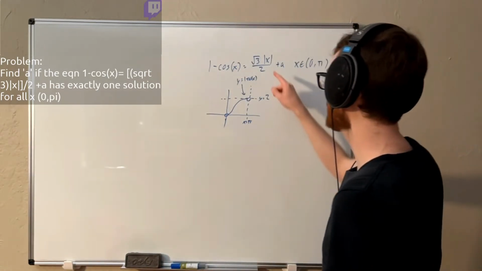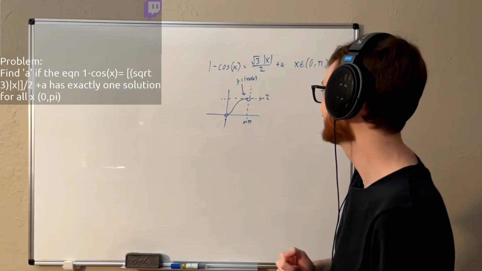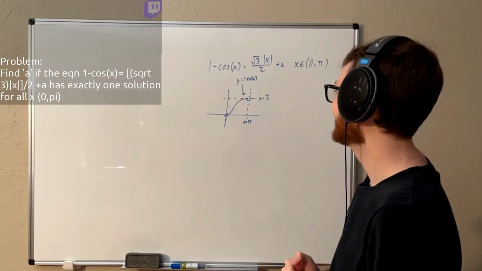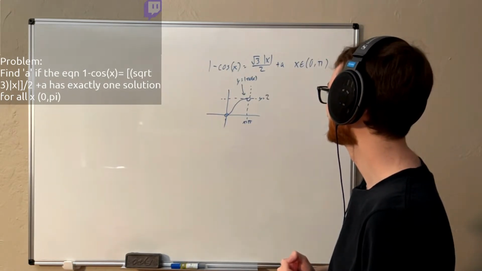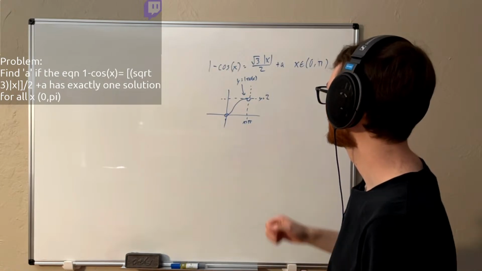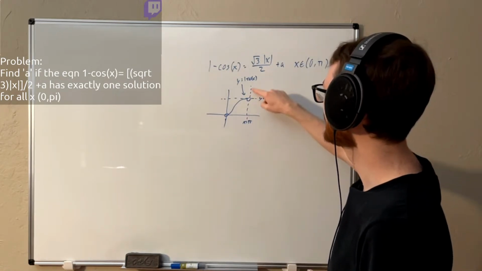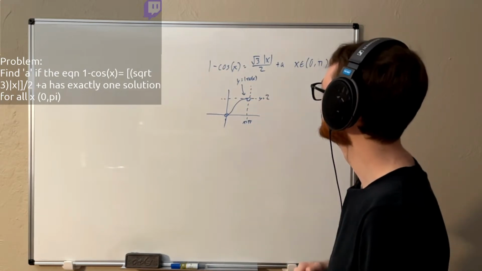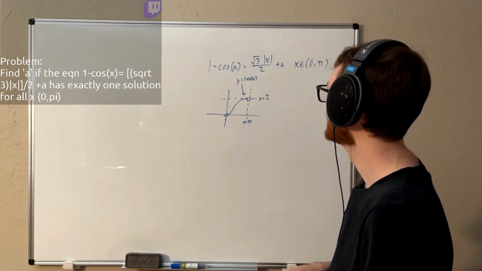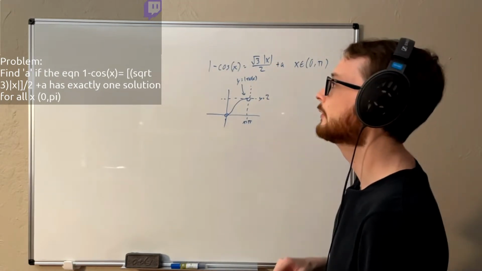Kind of funny, we're given the absolute value of x, but x is always positive, so it's not really affecting much here. It's just going to be a line. When x equals pi, we get root 3 times pi over 2.